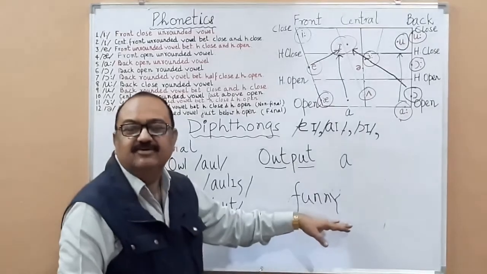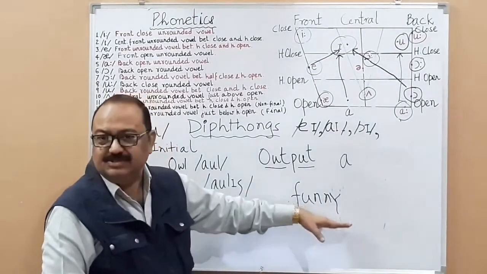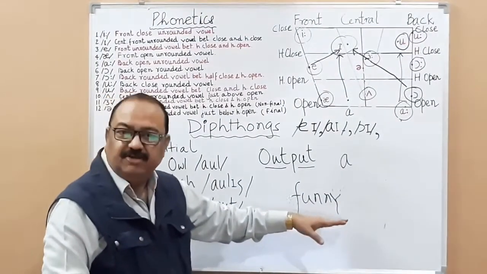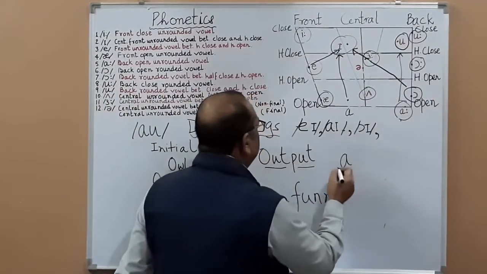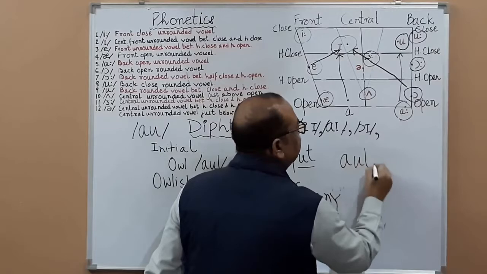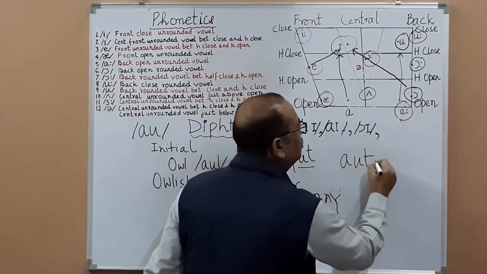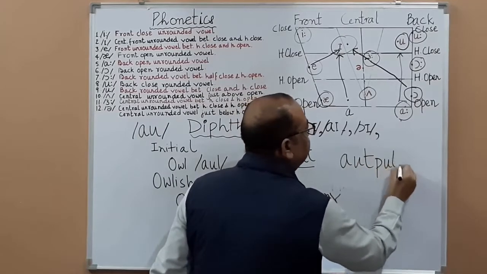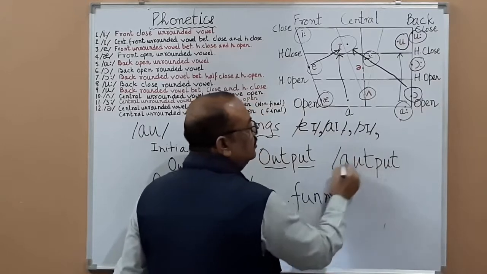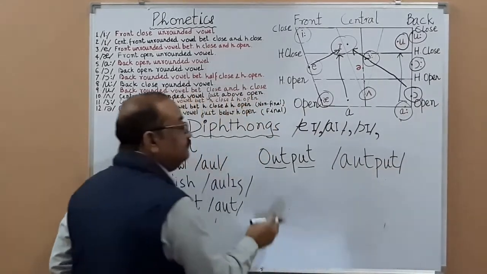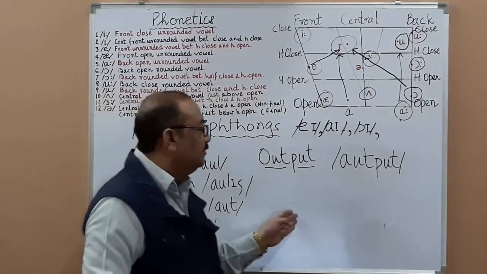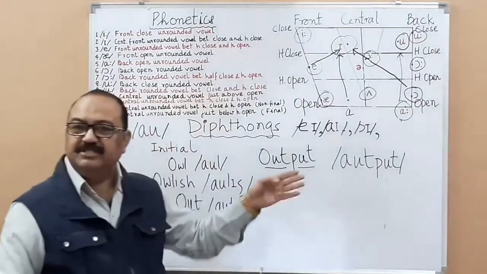Instead of saying funny, they say innocent. This is out and this is put. Output. Even I was talking about Amitabh Bachchan, who calls it a funny language in a movie.